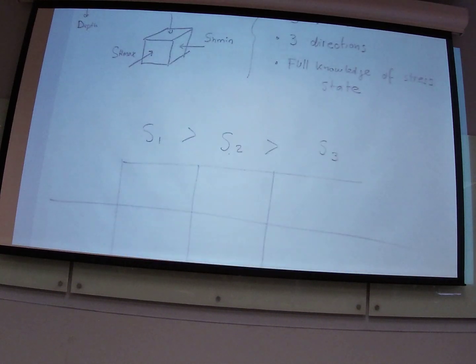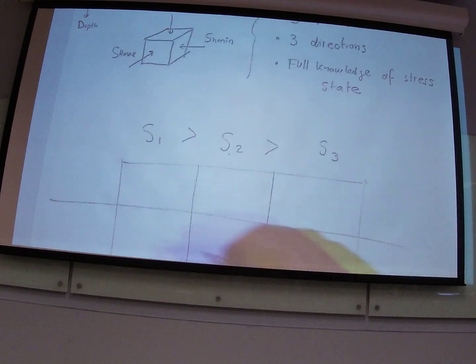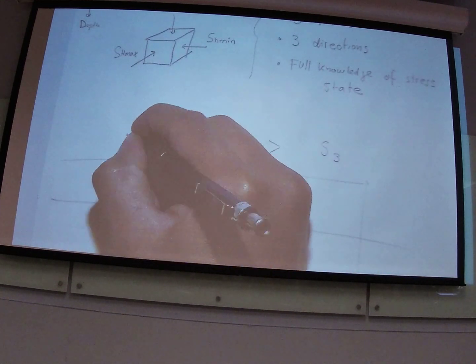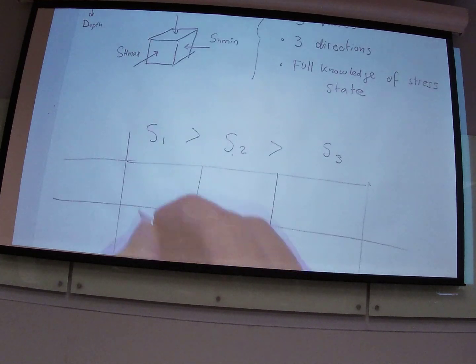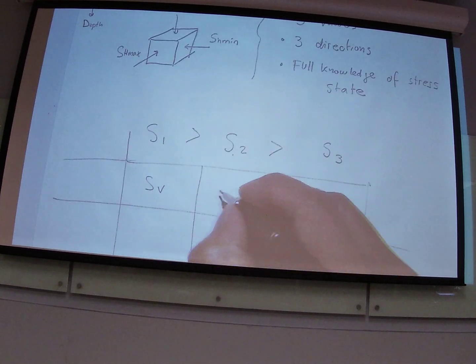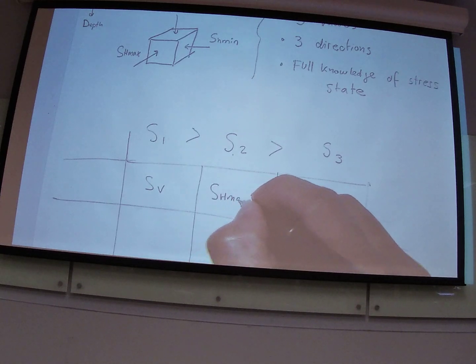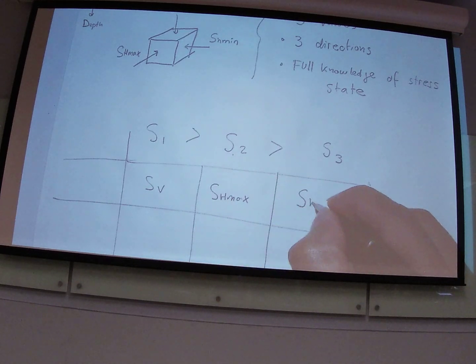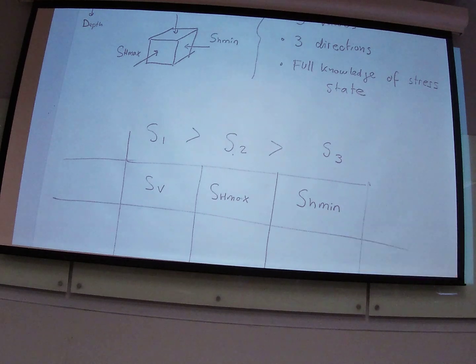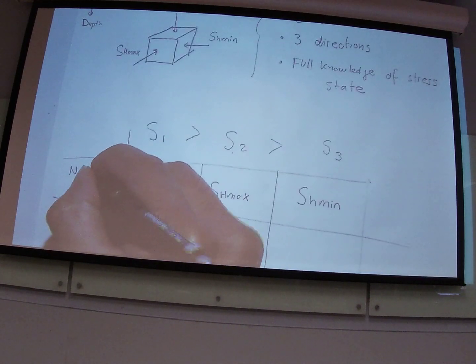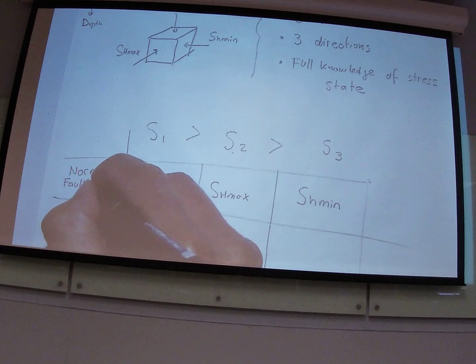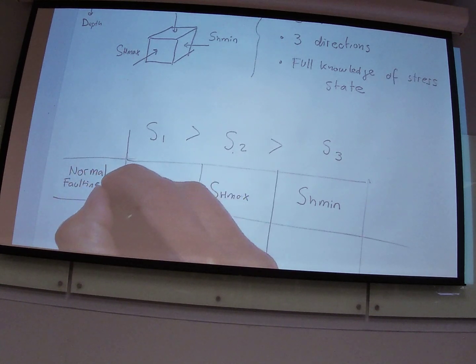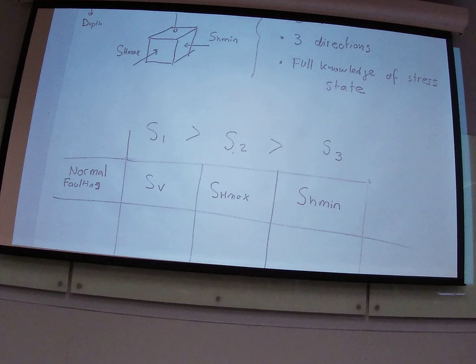I'm going to call a place in which the maximum principal stress is SV, the intermediate principal stress is SH max, and the minimum principal stress is SH min, something that we call a normal faulting stress regime.